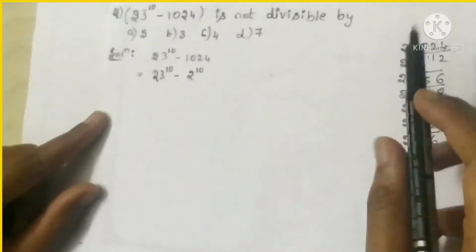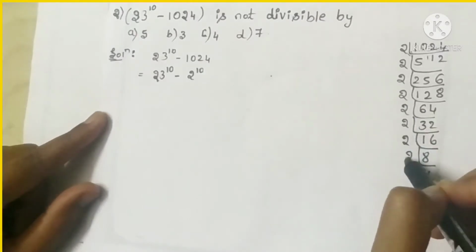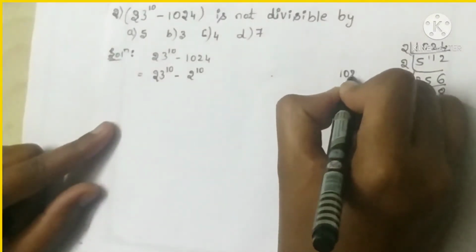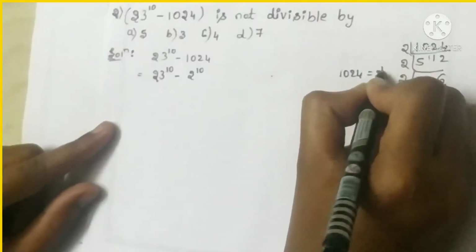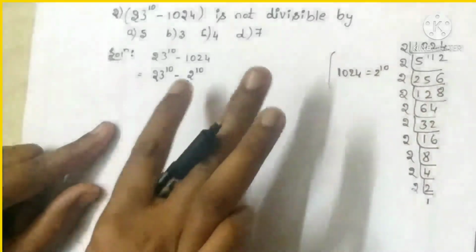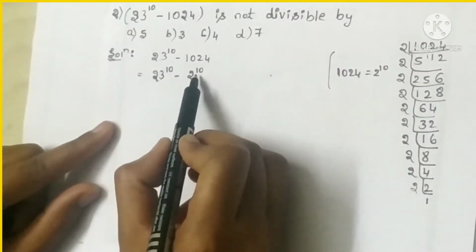When we count these 2s, 1 2 3 4 5 6 7 8 9 10, so we can write 1024 is equal to 2 to the power of 10. I apply this here: 1024 is equal to 2 to the power of 10.